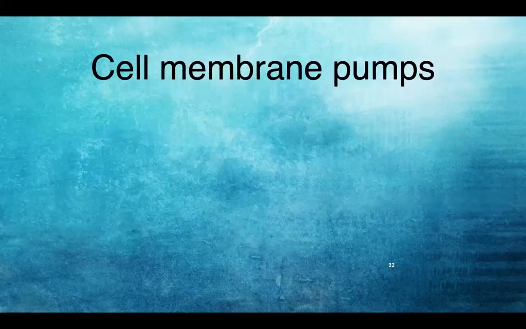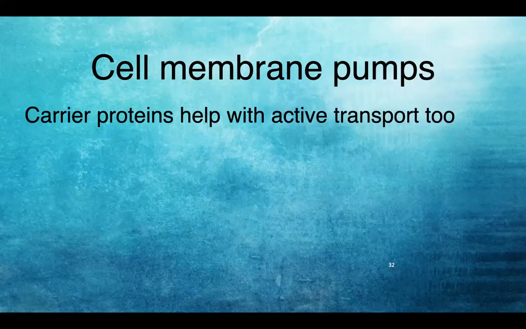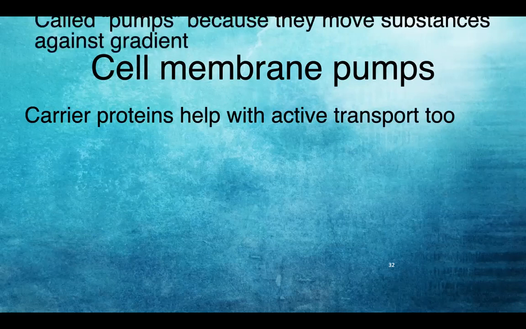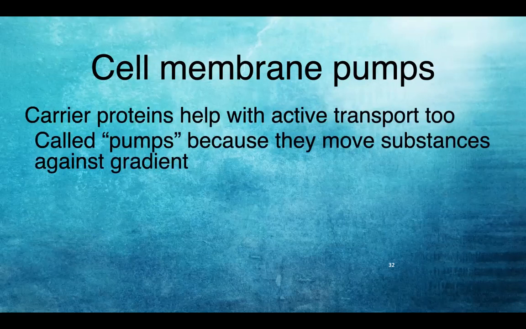So carrier proteins not only help in facilitated diffusion, but they can also help with active transport as well. When carrier proteins are using active transport, they are referred to as pumps because they're moving substances against the gradient.